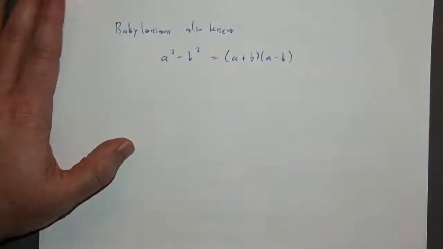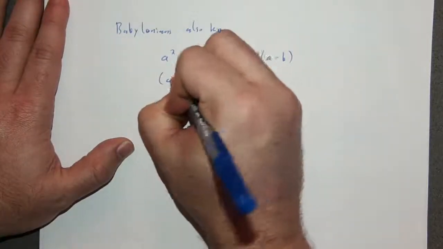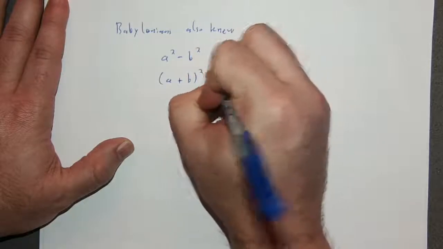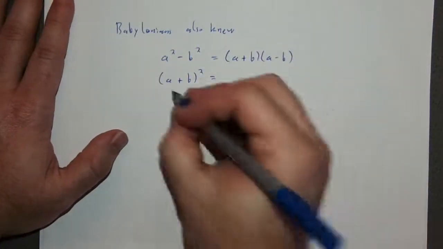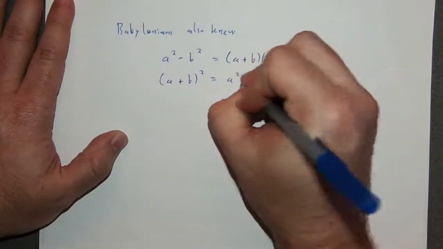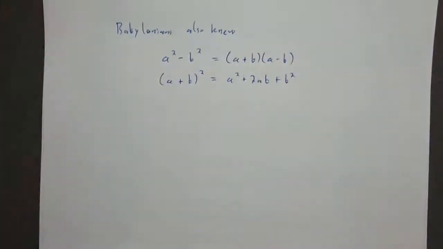They were very aware of this. They also knew, of course, how to expand a square in the usual way: (a plus b) squared is a squared plus 2ab plus b squared. You can see that they knew that from the example that we just did earlier.